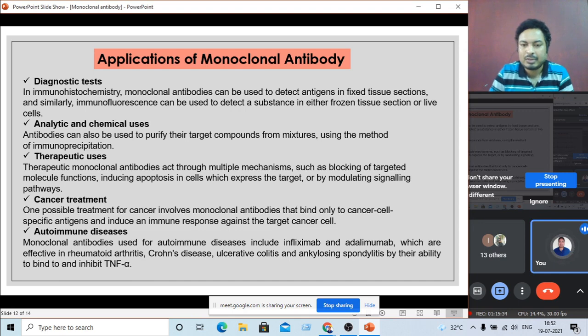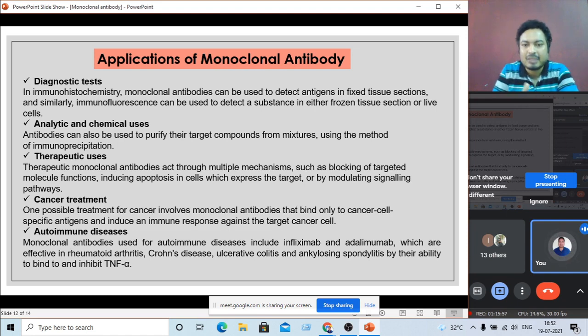Then what happens? If your cells have the spike protein, then the monoclonal antibody can bind over the spike protein. If they are binding, that means you are infected with the SARS-CoV-2 virus. This is a detection process, and this is called a diagnostic test.